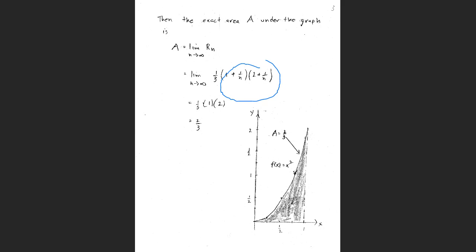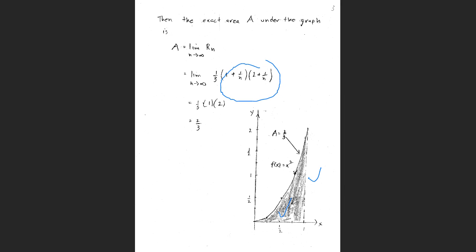And so if you take the limit of a third times 1 plus 1 over n, times 2 plus 1 over n, that's going to be a third times 1 times 2, and you get 2/3.